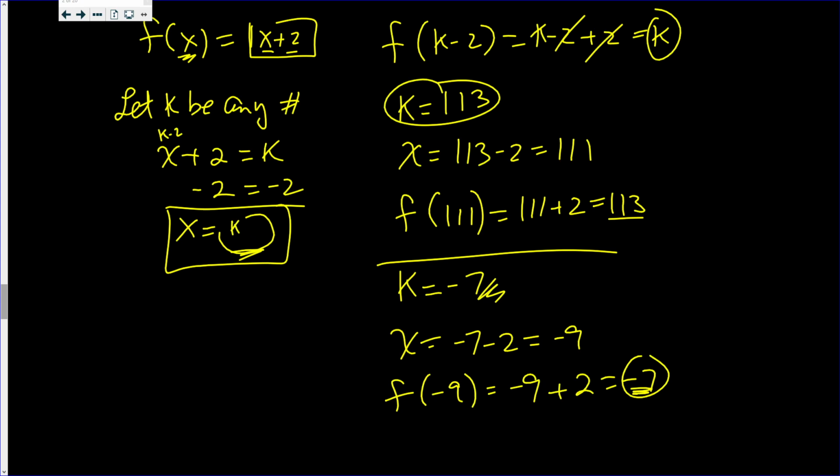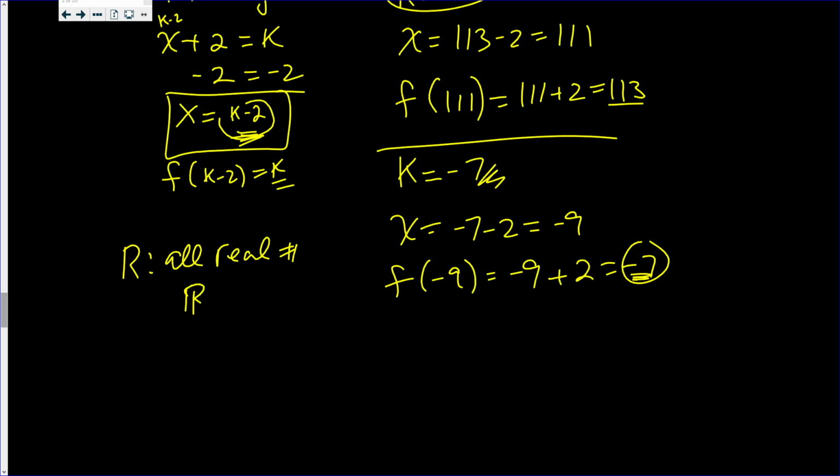No matter what k is, I can take away 2. So f of that special x value will give me back k. I can achieve any y value I want. So the range is all real numbers.